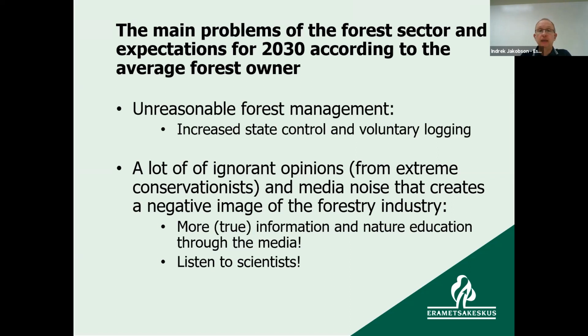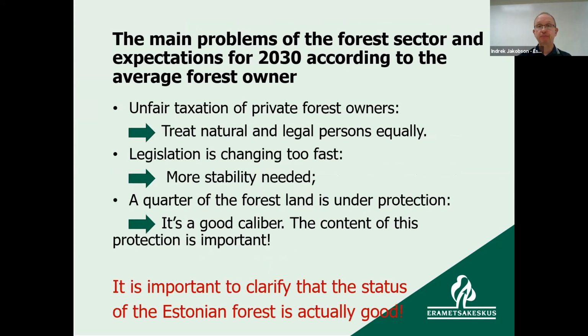And there are a lot of ignorant opinions, especially from extremists, and media noise, and the result is a negative image of the forest industry. What we need is more true information. And we need nature education, real education for the media. And of course, to listen to the scientists.